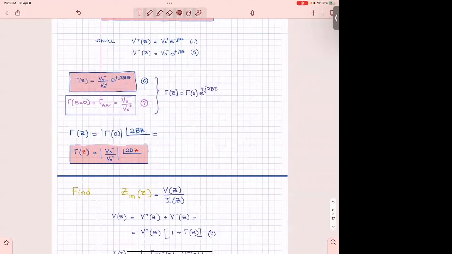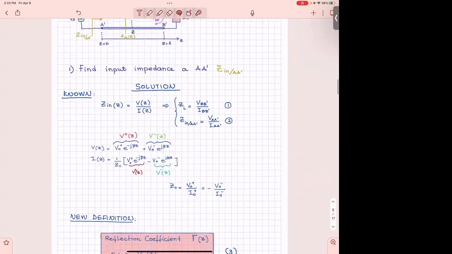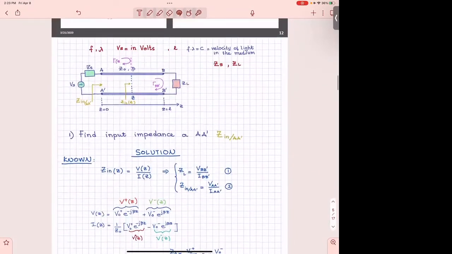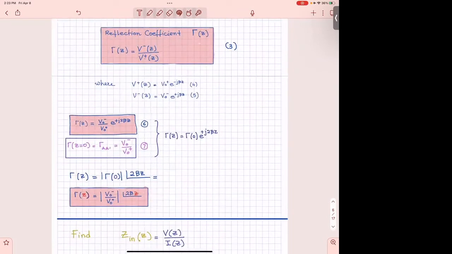So let me put this here. And now I can also do the following. If I go at gamma BB prime, let me write gamma at BB prime.